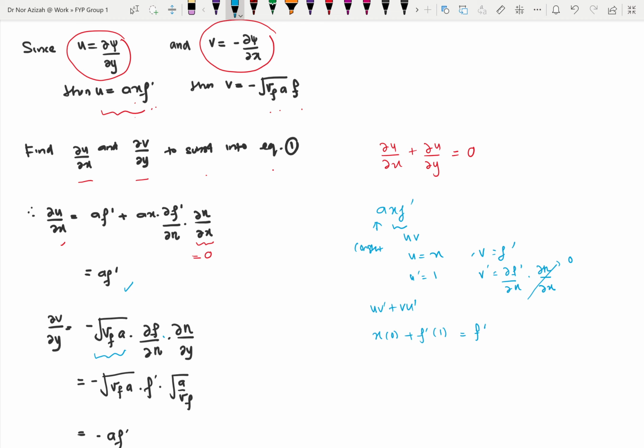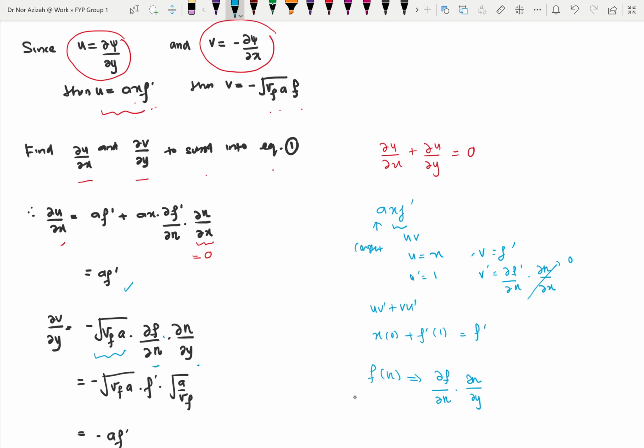This is actually f of eta, so to differentiate with respect to y you need to use the chain rule: del f del eta, del eta del y.